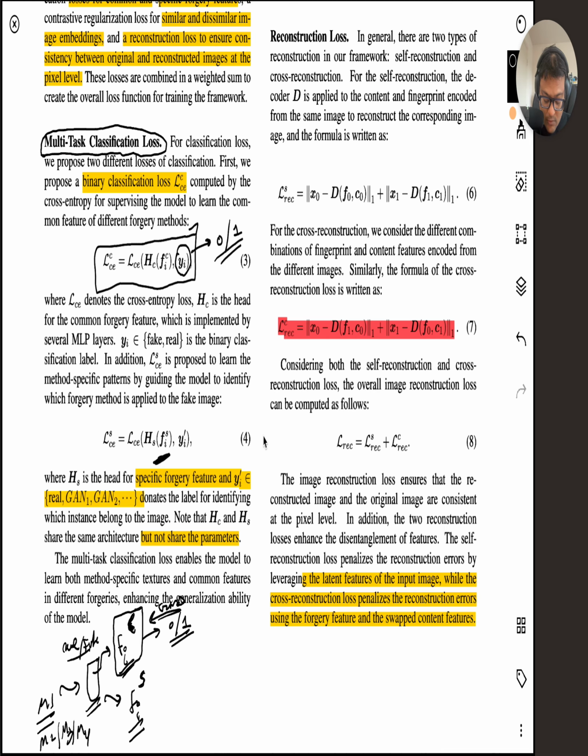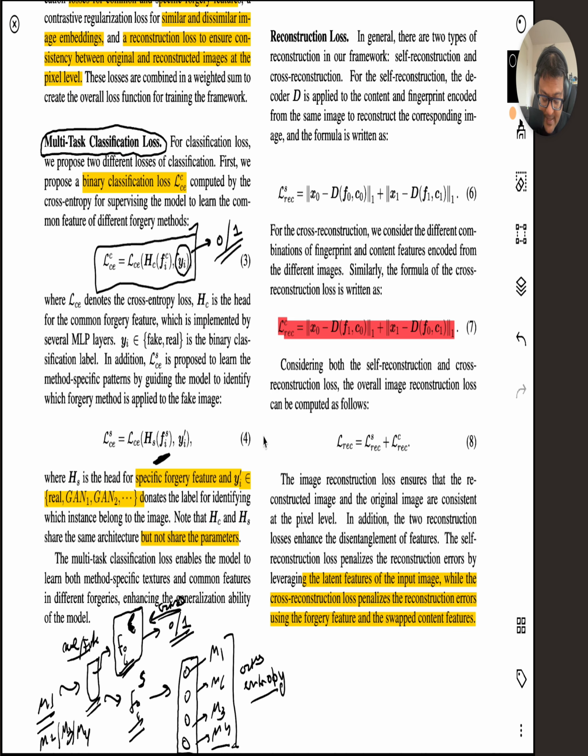Here you can pose a multi-class classification problem: the network consists of several neurons, and the image has been generated by model M1, M2, M3, or M4, and you supervise this by a standard cross entropy loss. There is nothing new happening here, and this way you can learn features which are specific to the several models which generated the data.